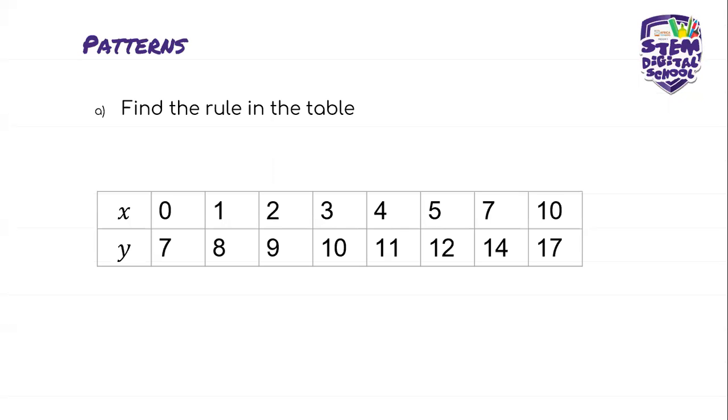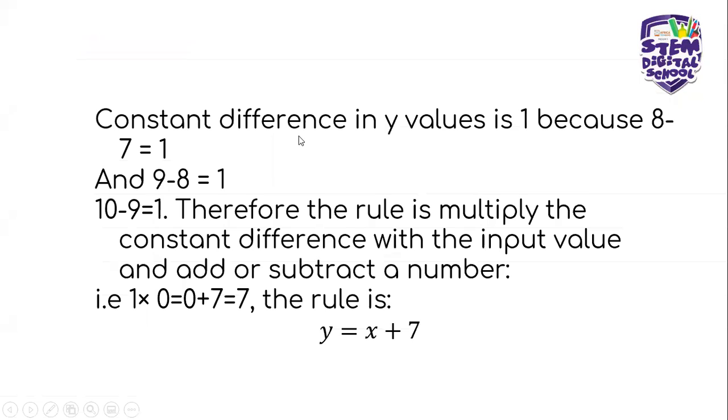So now that you have seen that the rule works in all the terms of our table, you can conclude that you multiply the constant difference by the input and add 7. Remember that the input value is x and the output is y.